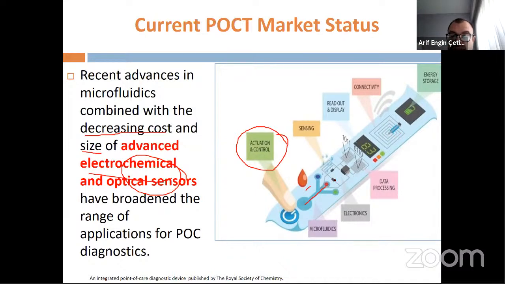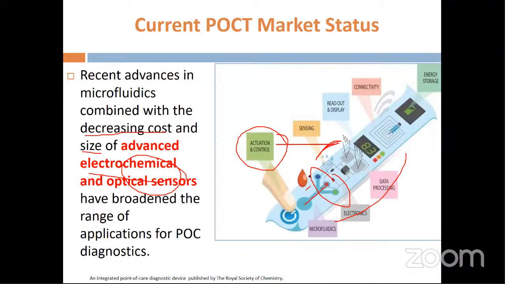based on, for example, if you think about this part as a biosensor, this part is the receptor part. So some biological reaction happens, and these biological reactions are sensed by the transducer here.